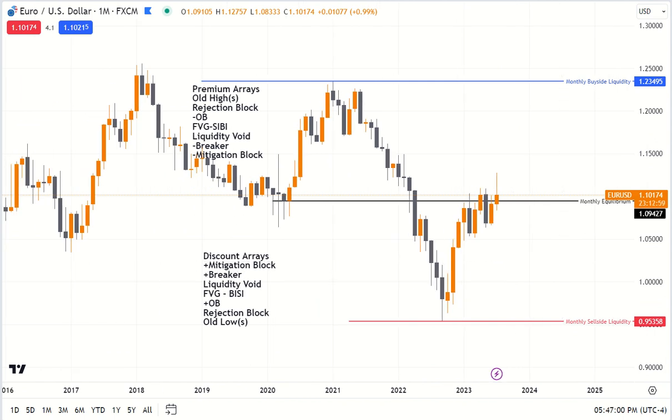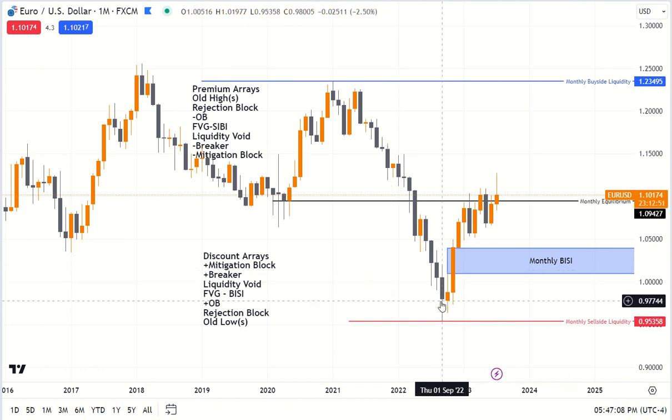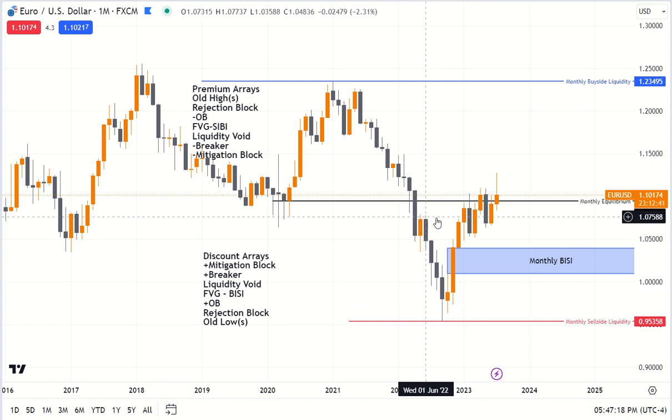Okay, so below equilibrium, what do I have? I have my monthly BISI, right? Yeah. So, of course, down here, I have my sell side liquidity. This would be my rejection block, 50% of my rejection block here, right? Let's see.